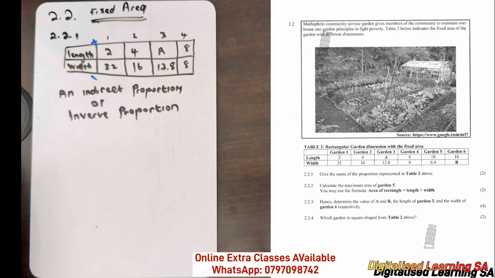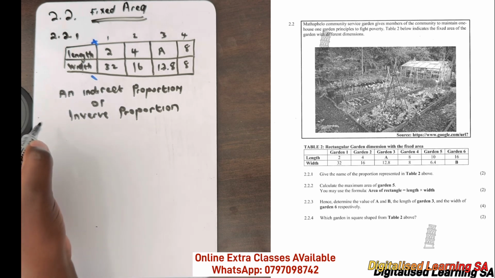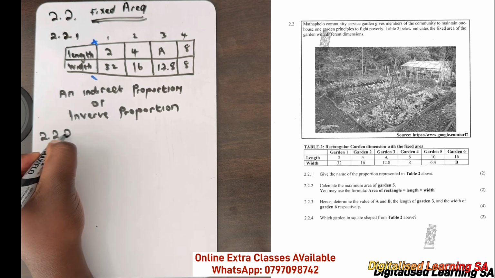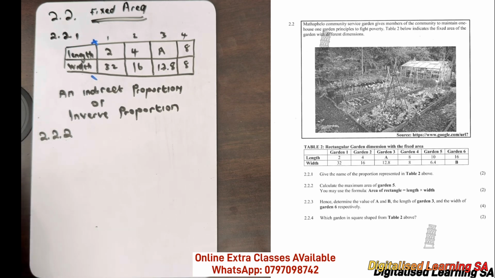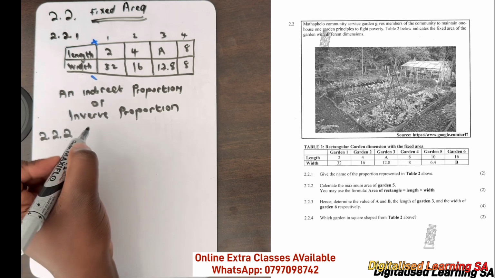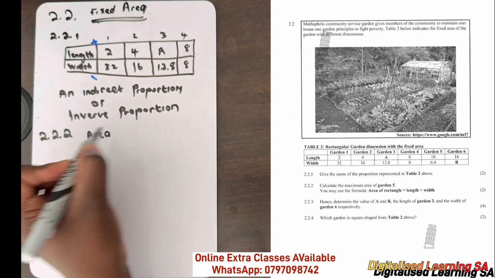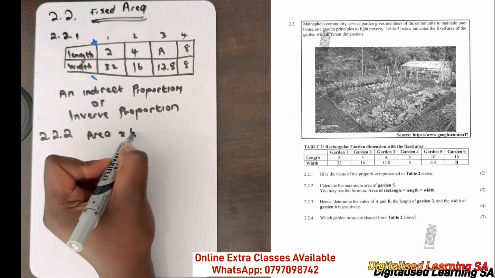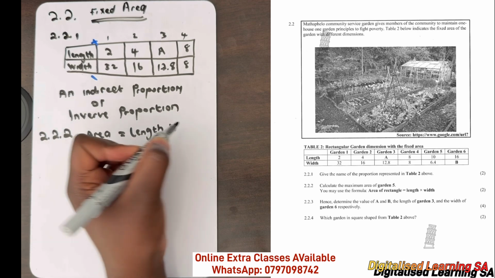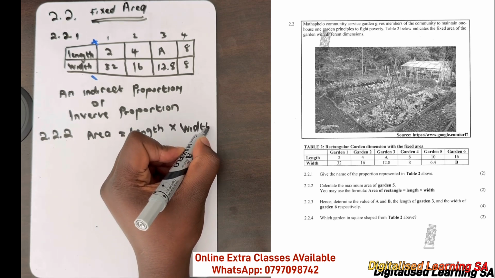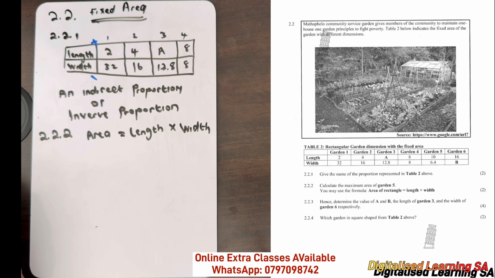Okay, now let's move to the next question, question 2.2.2. It says, calculate the maximum area of garden 5. You may use the formula area equals length multiplied by width. We are looking for the area of garden 5.